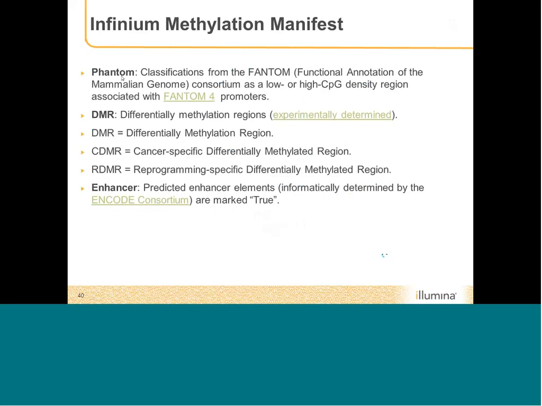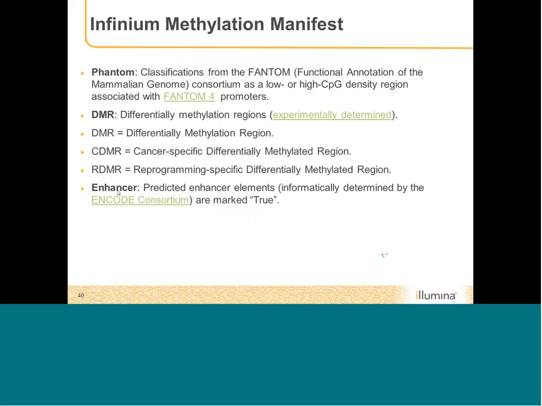For example, the Phantom column lists the classifications from the Phantom project as low or high CpG density regions associated with Phantom designated promoters. DMR is the differentially methylated regions, and there's a link here to the publication that describes these different types of differentially methylated regions.